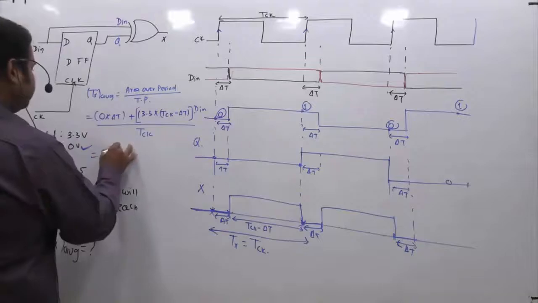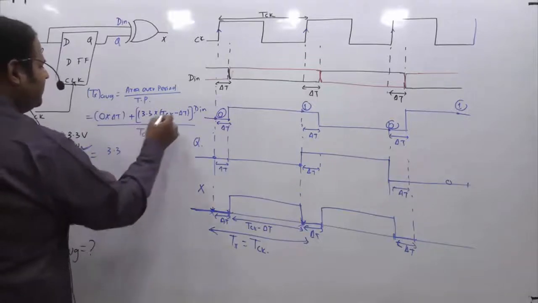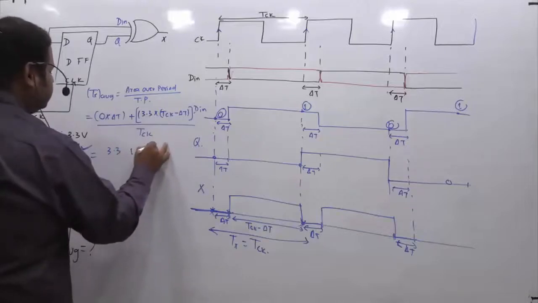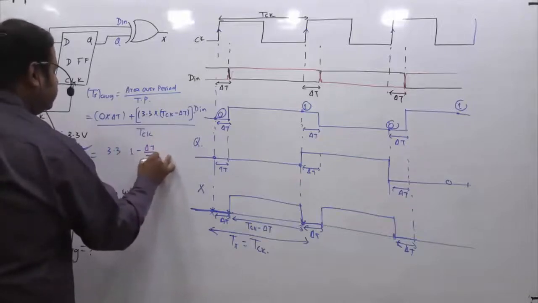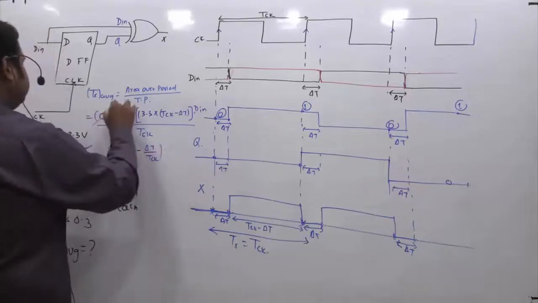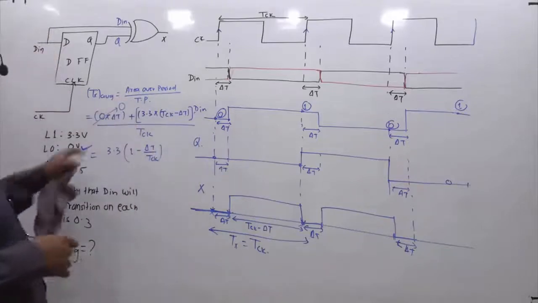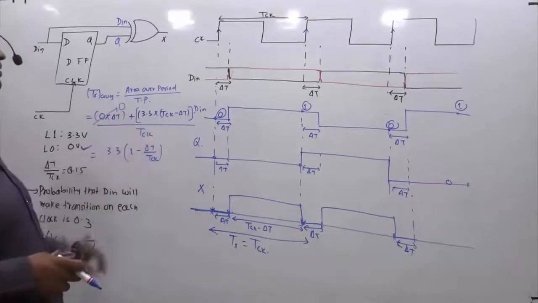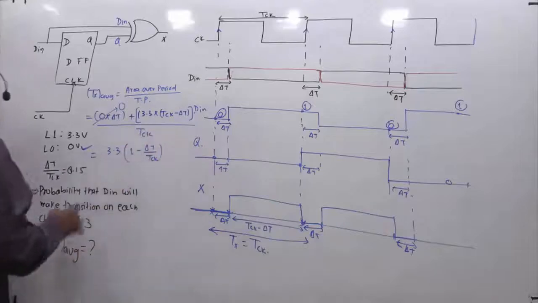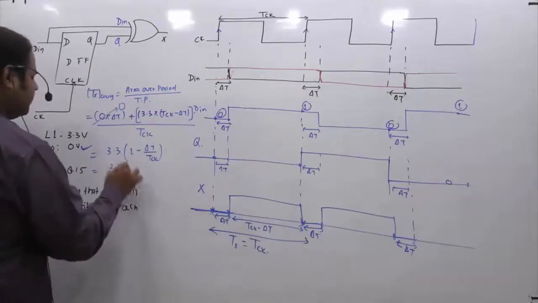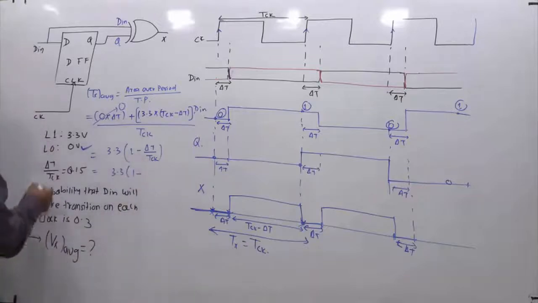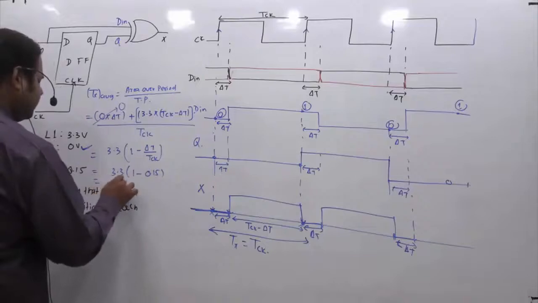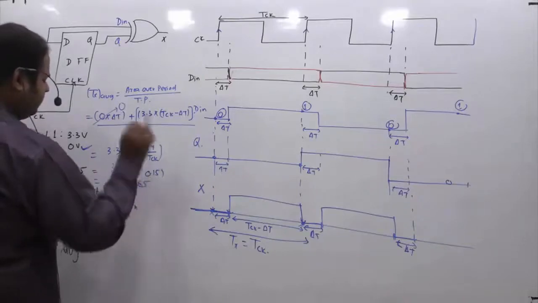So you get 3.3 times TCK by TCK, which is 1, minus delta t by TCK. So this is 3.3 times 1 minus delta t by TCK, and that is given as 0.15. So 3.3 into 0.85.